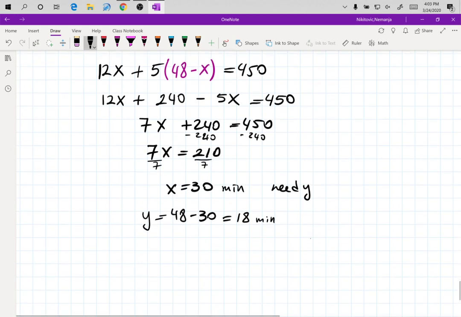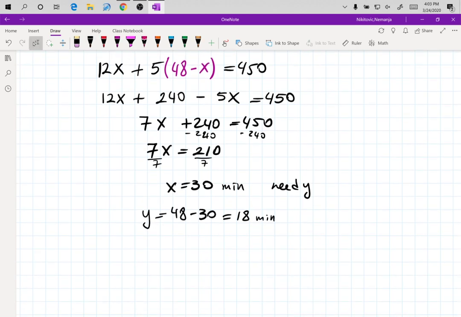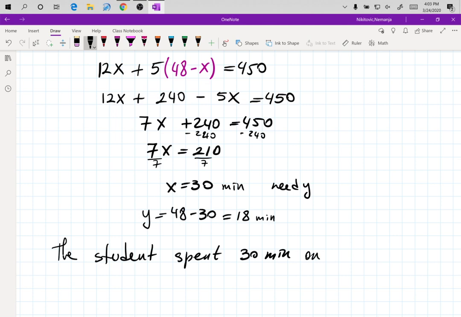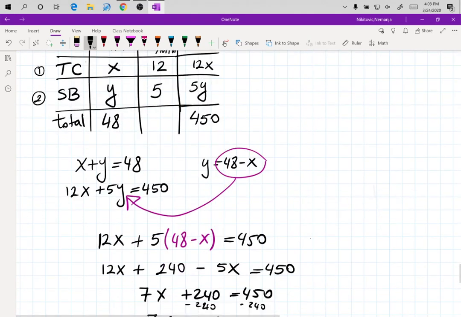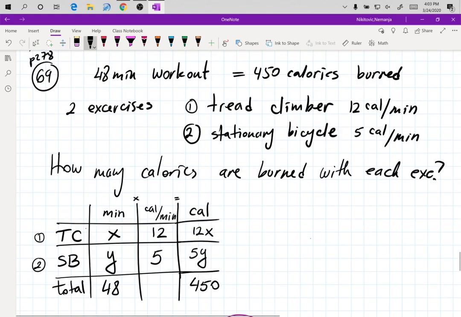So we will just write the sentence that the student spent 30 minutes on, what was that? Tread climber.